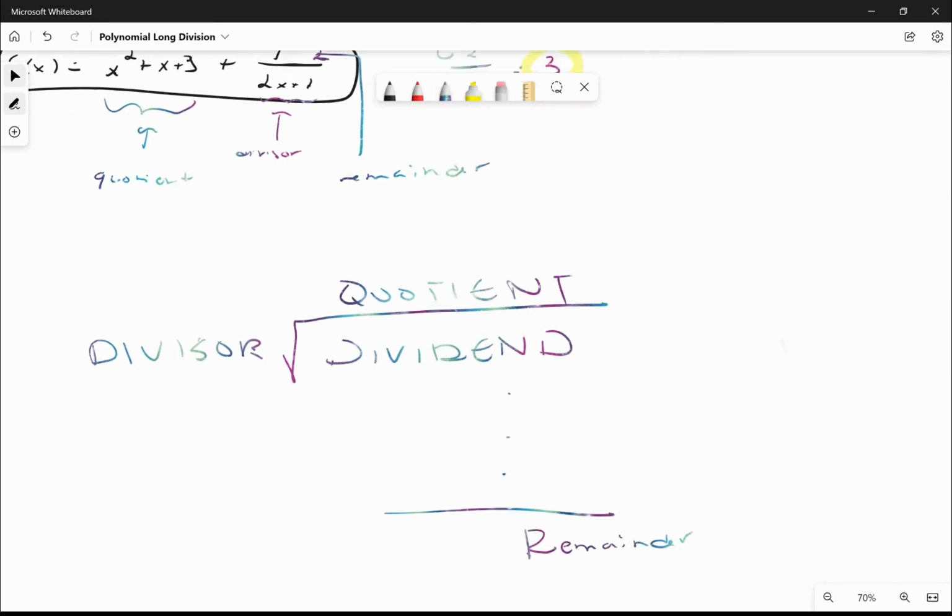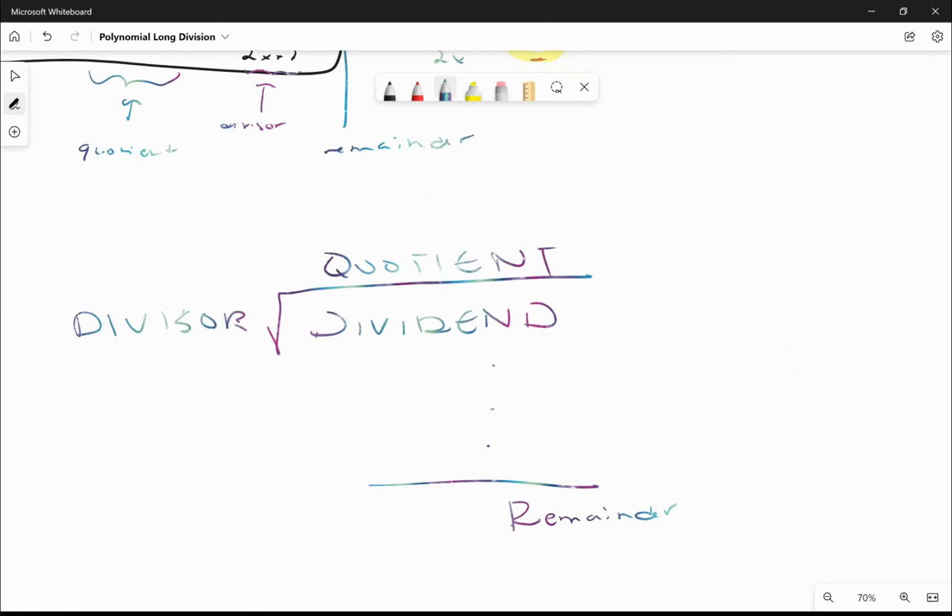And the remainder is whatever's left over when the degree of whatever's left over is less than the degree of the divisor, right?